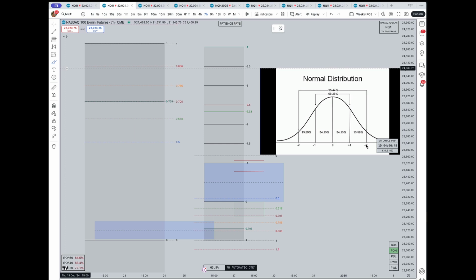And now let's connect. So you see where it says, on the normal distribution graph, 13% or 34%, 34%. Can you basically draw a connection of where your personal distribution is based off of the stages that you're talking about? So where is 13% of your trades? Where is 34% of your trades?